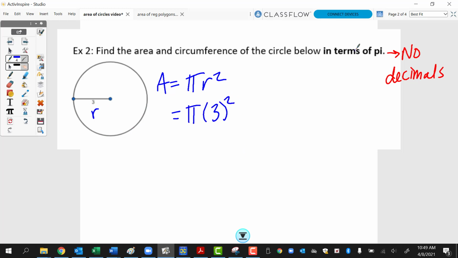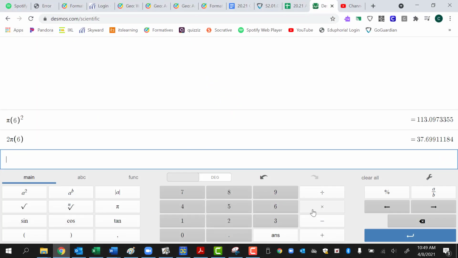So when it says in terms of pi, that means do not type pi in Desmos. You type everything else in, but you don't type pi. So all we should be typing is 3 squared. Okay, here we go. So skip the pi, just 3 squared is 9.